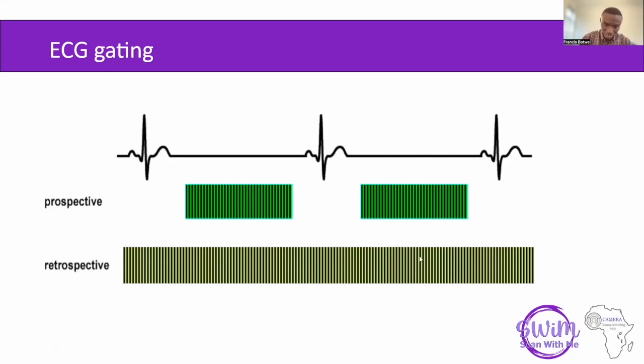Then after that, the machine will be able to select a particular segment that is good for the images. So most of our cine images rely on retrospective gating because we are going to get enough information, and the computer is going to help us to analyze that this is the zone that we want. So it's going to put them into phases or segments, and based on that, it will reconstruct the images.